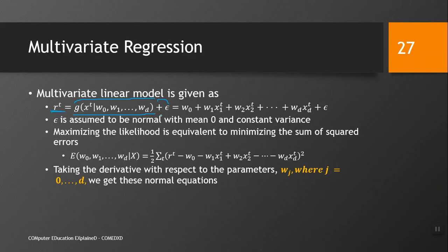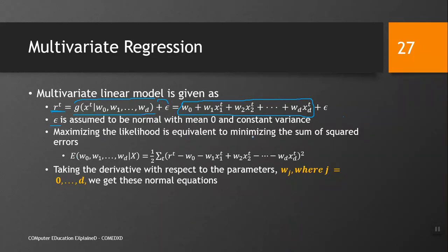It produces some true value rt for some instance xt, and we can write it in the form of parameters like this, where w0 plus w1 x1t, because it is a linear function, so we can write it like this. Epsilon is assumed to be normal with mean 0 and constant variance.